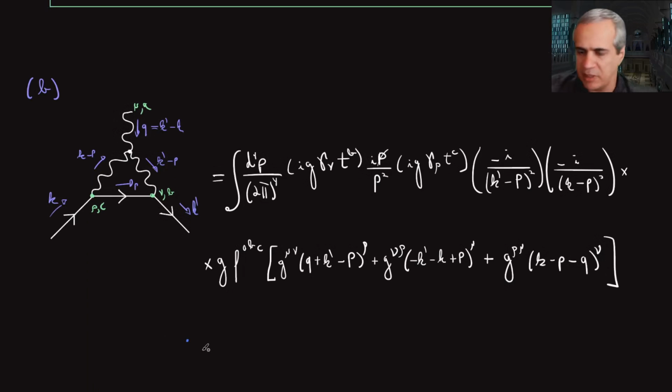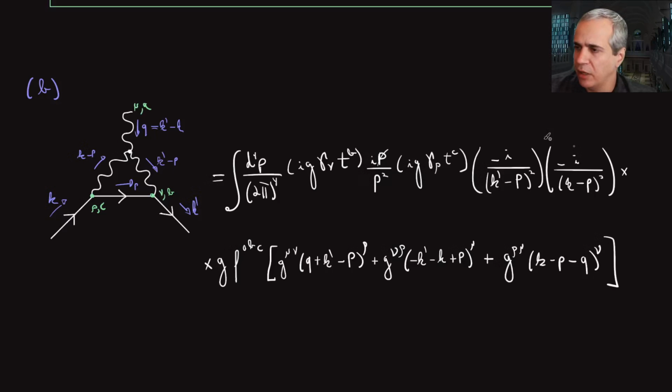Again, I'm using the same kind of conventions here. These colors indicate which indexes are contracted on each of these vertices. And in the case of this triple vertex, all the indexes are carried into it.